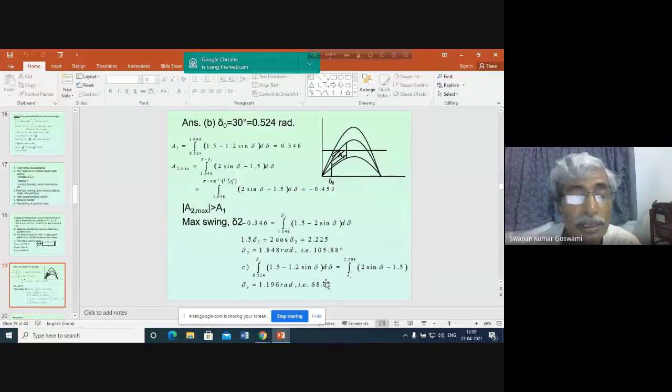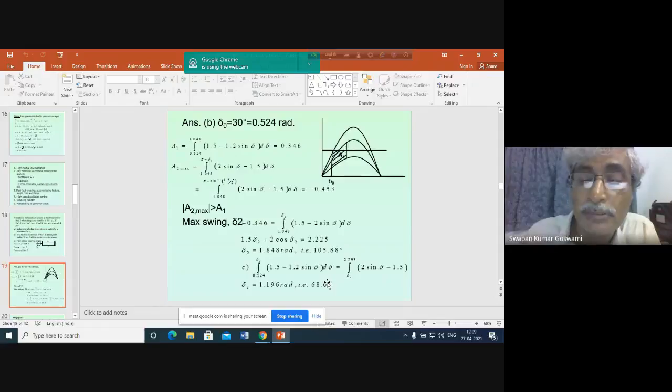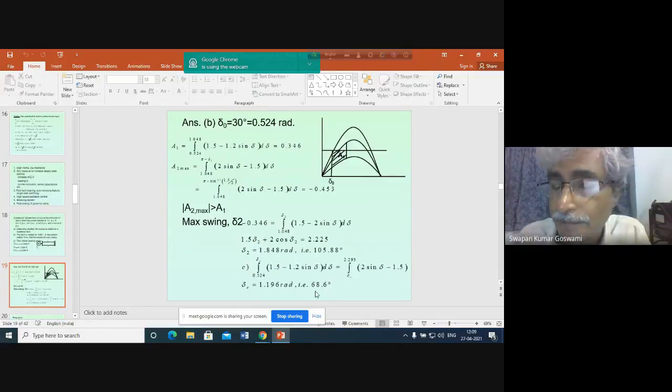Why are we saying that? It means the speed of the protection system for this example should be such that it can clear the fault before 68.6 degree of the rotor angle is reached.